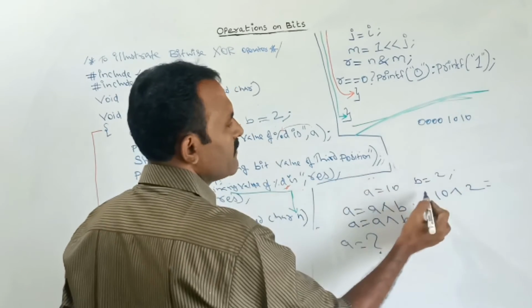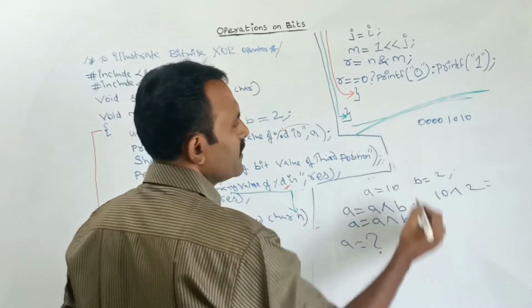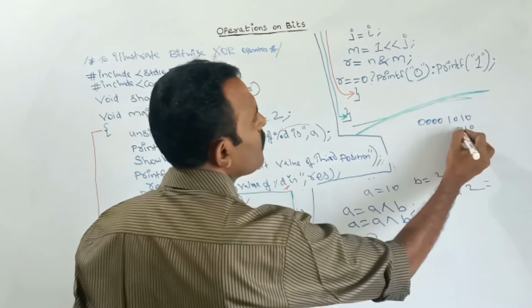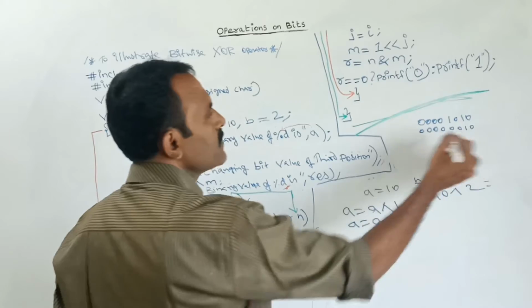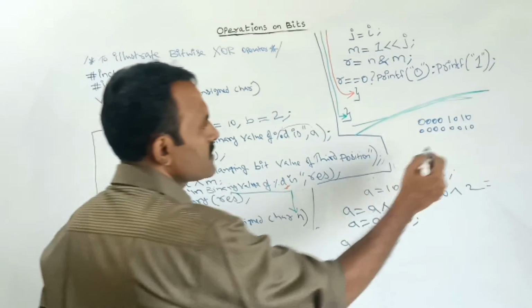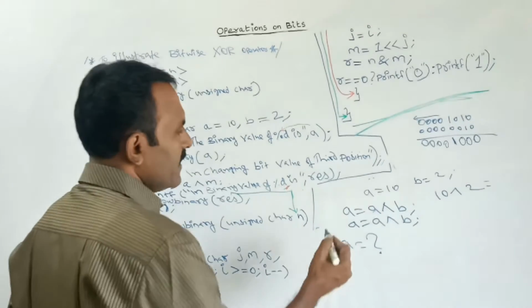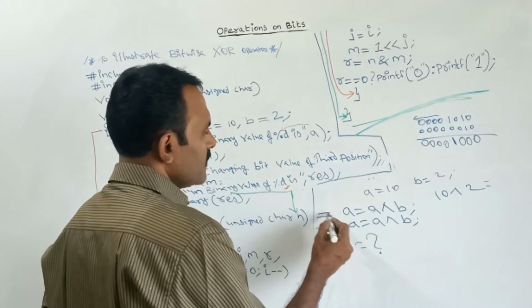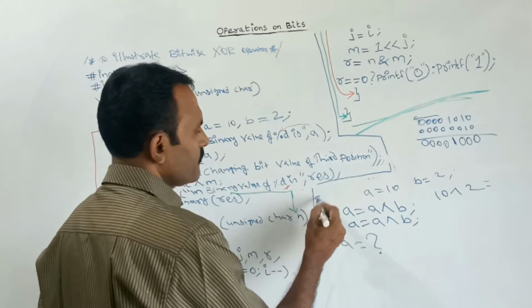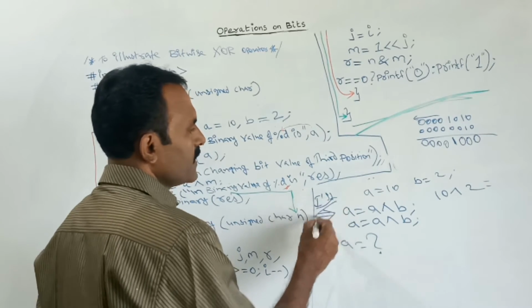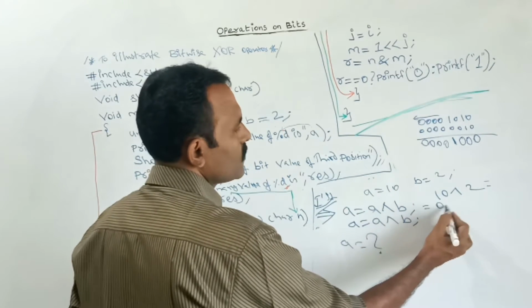1010 is the binary value of 10. Then the binary value of 2 is here. If I am XORing these, this is the answer while XORed the first time.